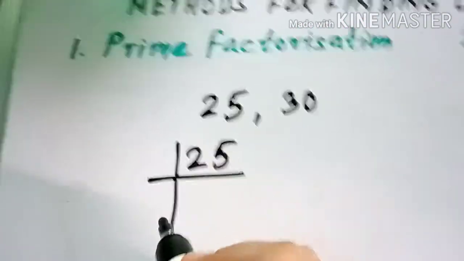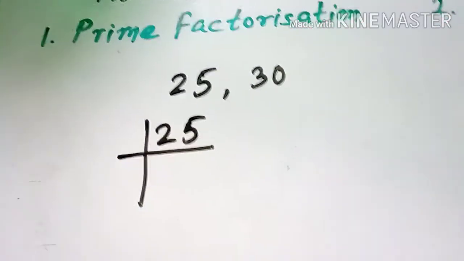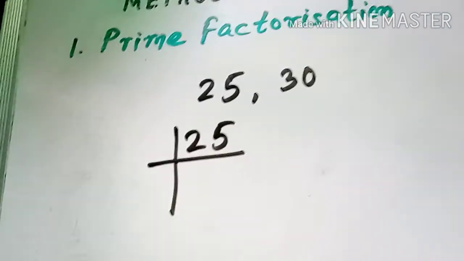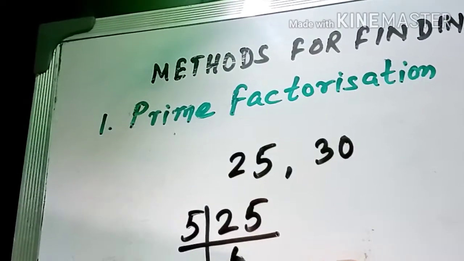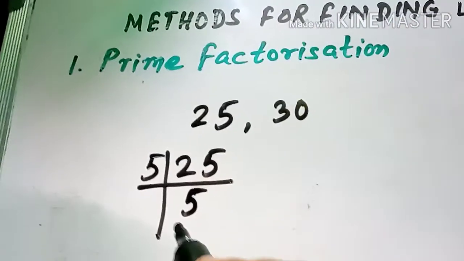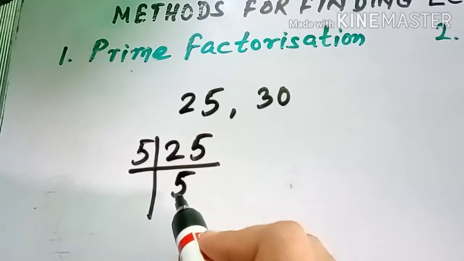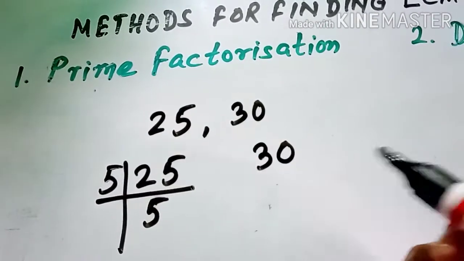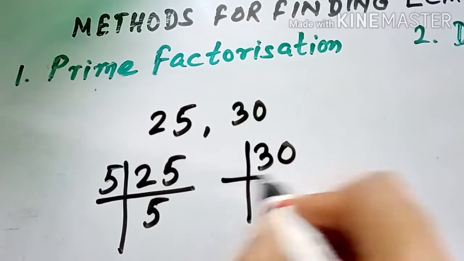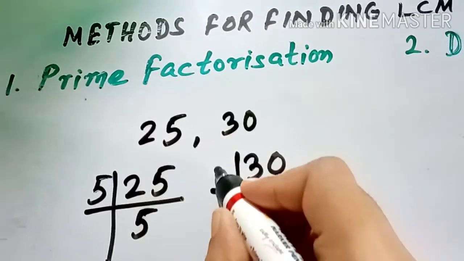We go this way, two lines, and which is the lowest prime number which can divide? That is 5. 5 5s are 25. Now we stop here because this itself is 5, a prime number. Next 30, which is the smallest prime number which can divide 30? That is 2.